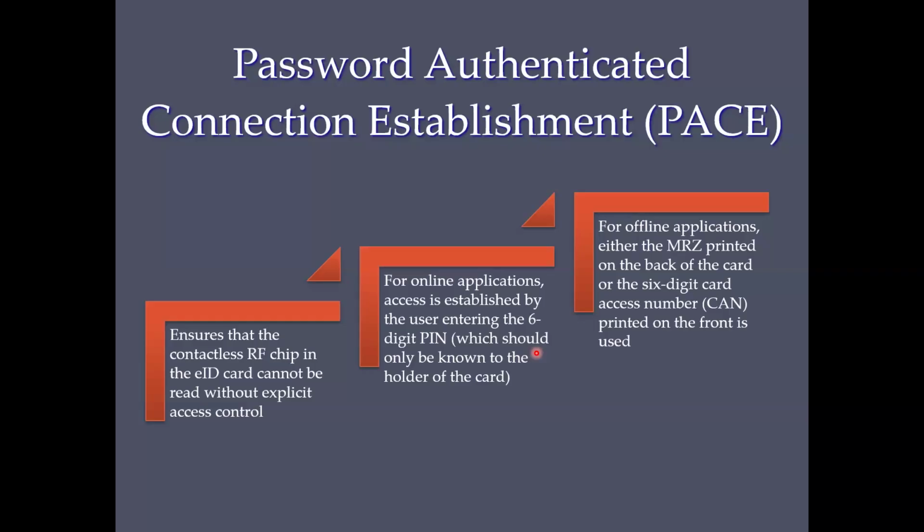Our next chapter is going to be about access control, which is privileges based on permissions. For online applications, access is established by the user entering the PIN, the cardholder's PIN. For offline applications, they have to use the MRZ printed on the physical card, or the 6-digit access number that is uniquely attached to the card.